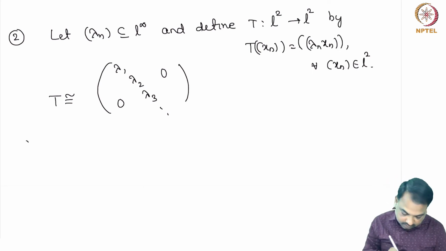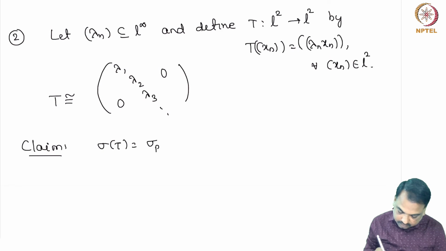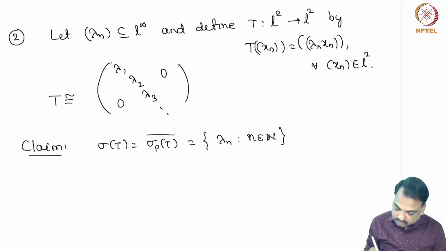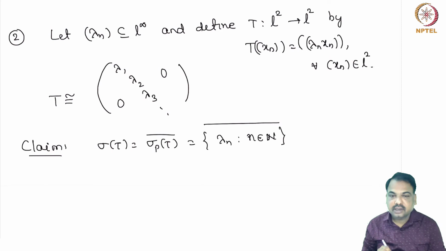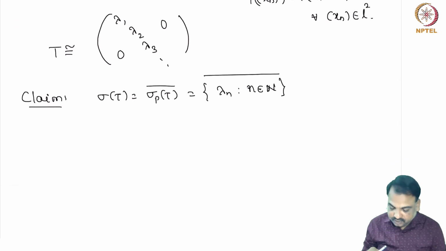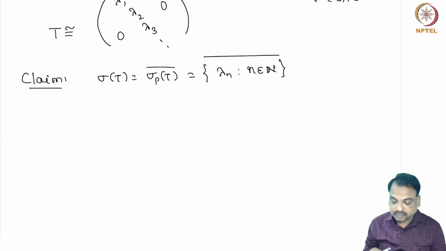So here the claim is the following. Here bar is nothing but the closure of the set, not the conjugate bar. It is the closure of the set.